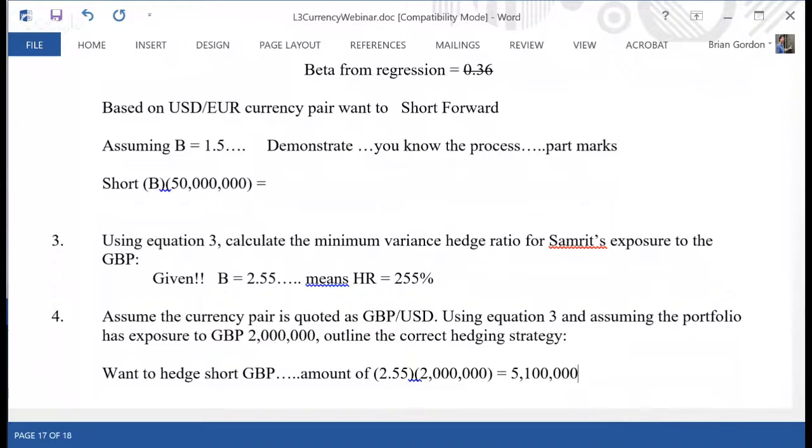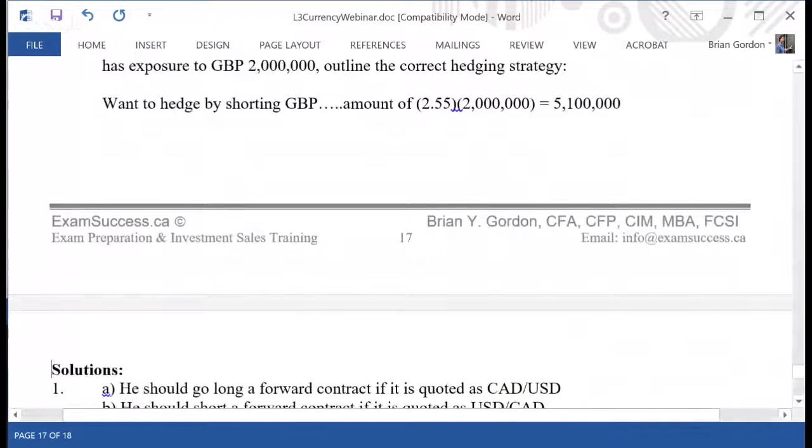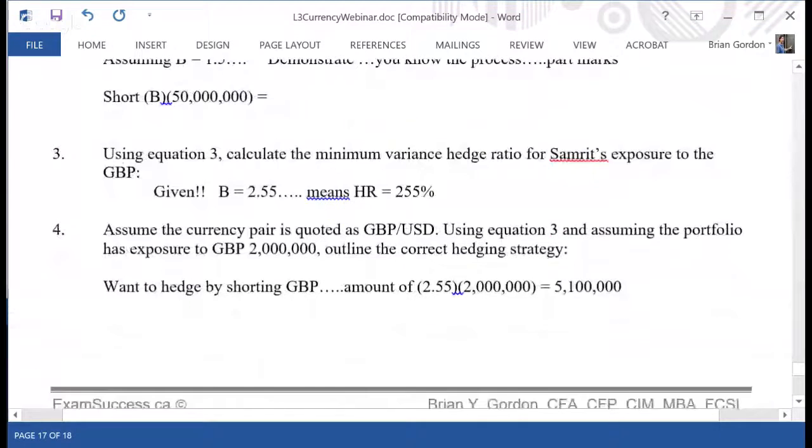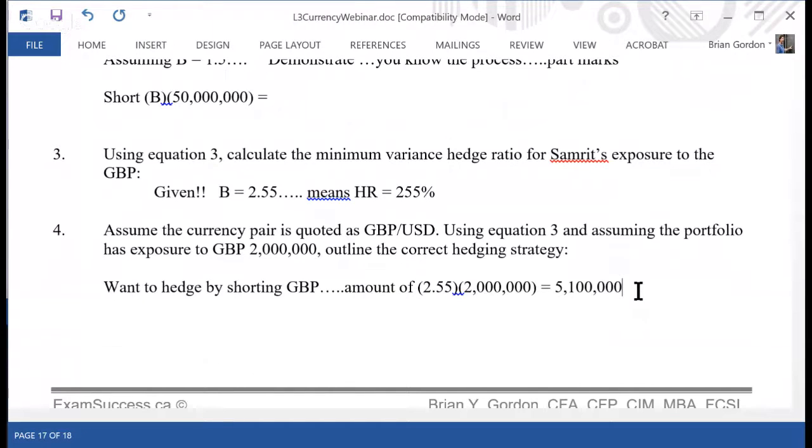So I've just written this down. We want to hedge by shorting the British pound in the amount of 5,100,000.